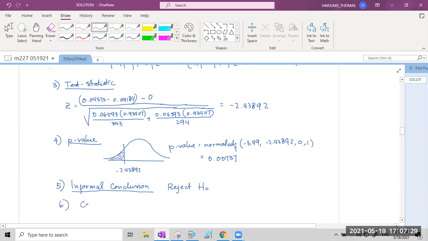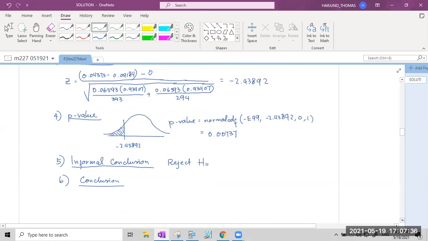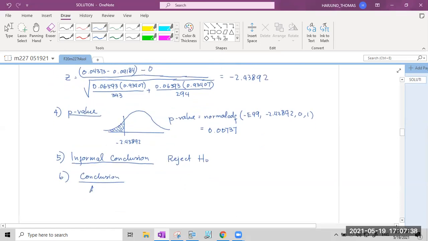So conclusion, at the 1% significance level, there is sufficient evidence. The wording in practice, they may say it this way: there is very significant evidence.